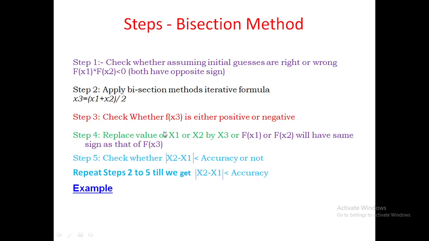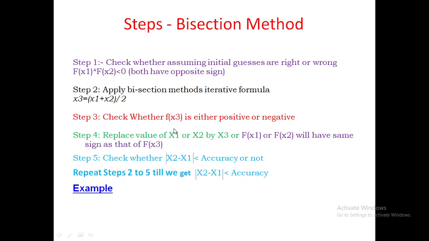Suppose f of x1 is a positive value, f of x2 gets a negative value, and f of x3 gets a positive value. Then x1 and x3 have the positive value. That's why you can replace the x1 guess with the value of x3.